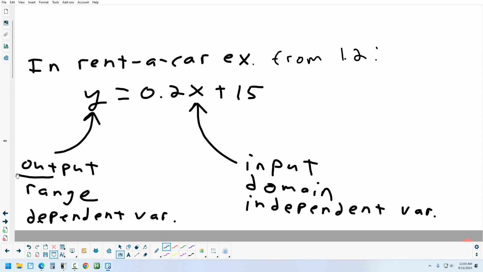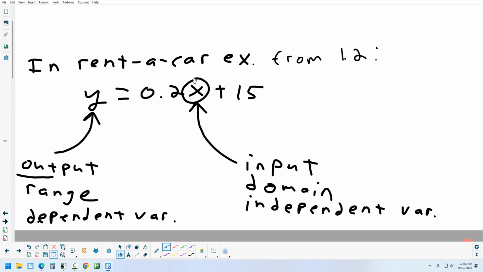Two other names we'll use quite a bit are domain and range. Okay, but they all mean kind of the same thing. So think about the x variable for a minute. It was the number of miles you drive the car. If I asked you what kind of numbers would make sense for x, what would you say?